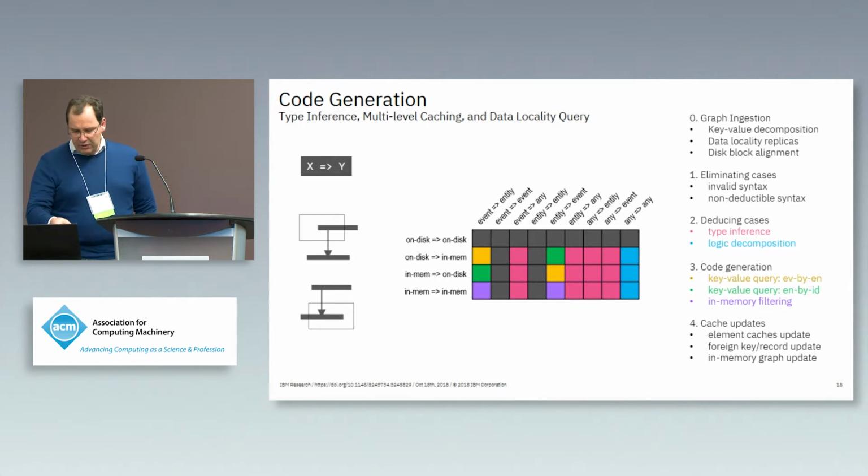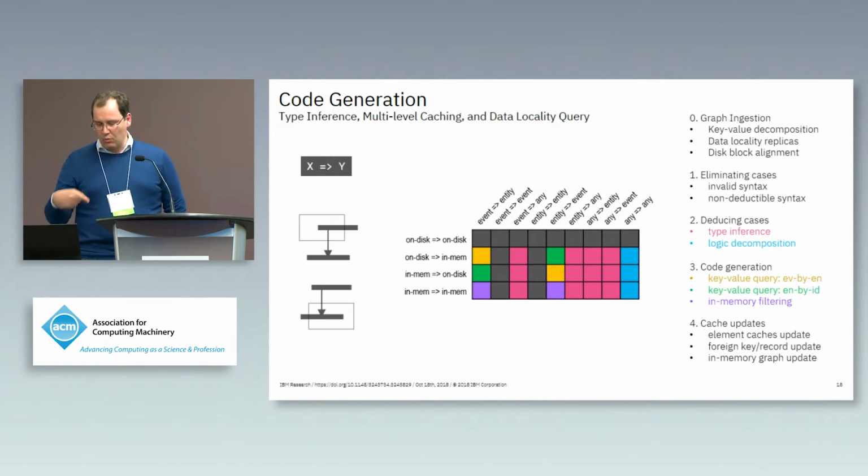And then you have different physical locations where those events and entities, those X and Y, would be located either in memory or on disk. And depending on where they are located, the compiler will optimize and decide on which strategy to code the query to query that entity and event.